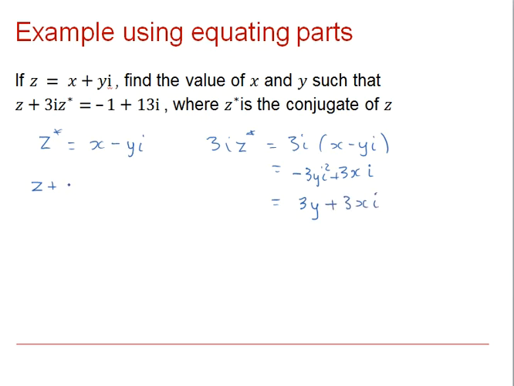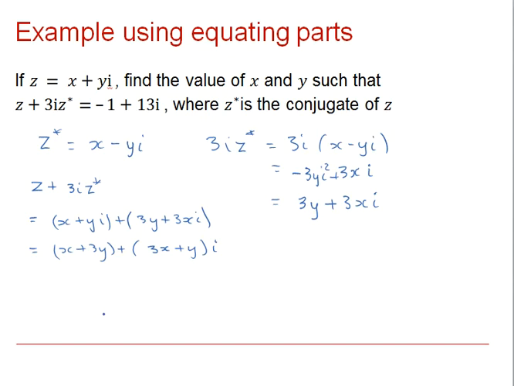So then going back over here, z plus 3i z star is going to be x plus yi plus this 3y plus 3xi. Gathering our real parts, that gives us x plus 3y. And then we have the 3x plus y, the imaginary part.